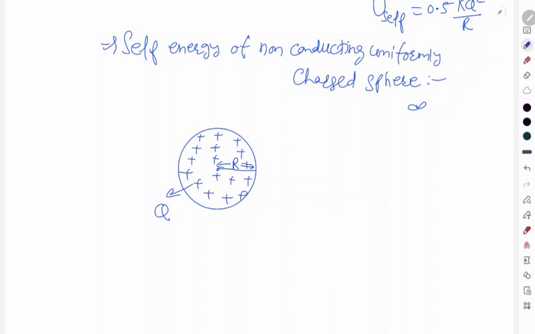This work done, or this energy, we can get from one more method. What is that? As we know, the energy density per unit volume is half epsilon naught E square.